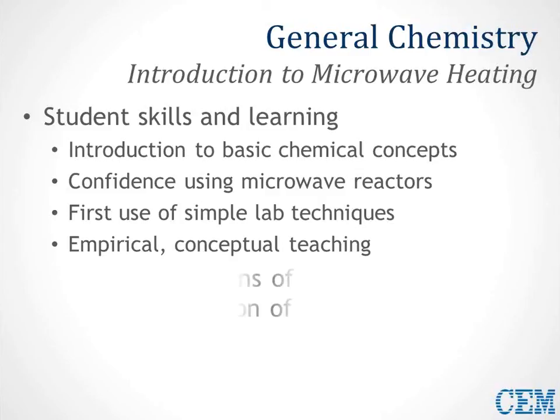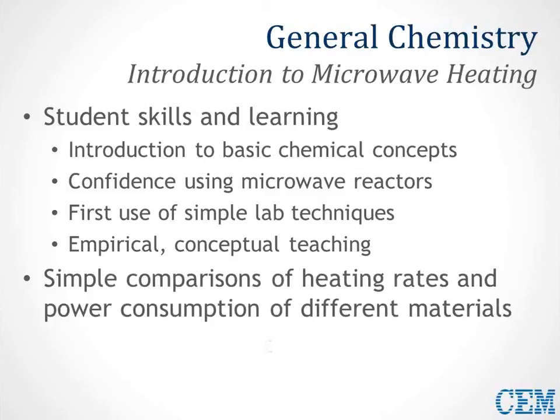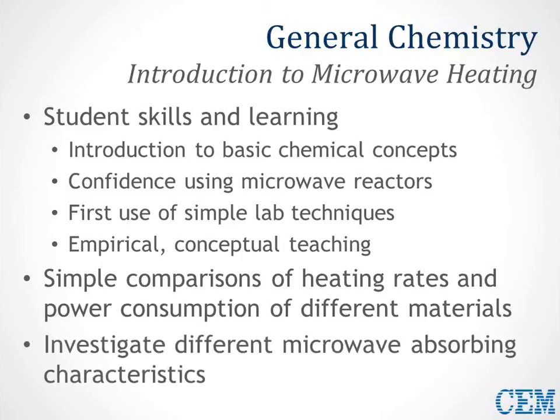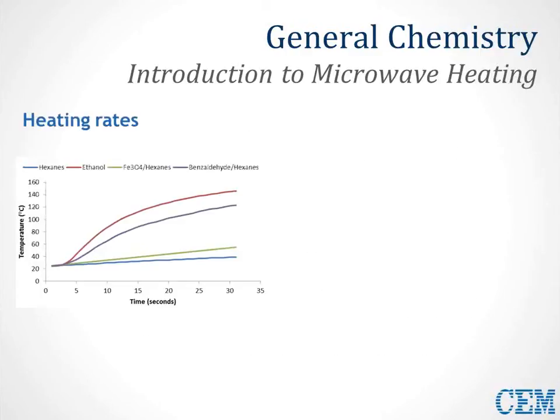So simple lab techniques that they'll have to do. It's basically simple comparisons of heating rates and also power consumption for the different materials that they're heating, and also looking at the microwave absorbing characteristics of different samples, again to understand these concepts of dipole rotation and ionic conduction.